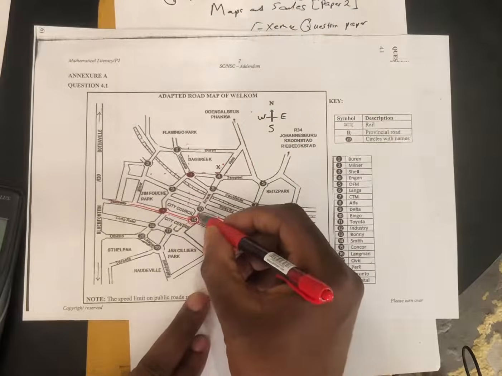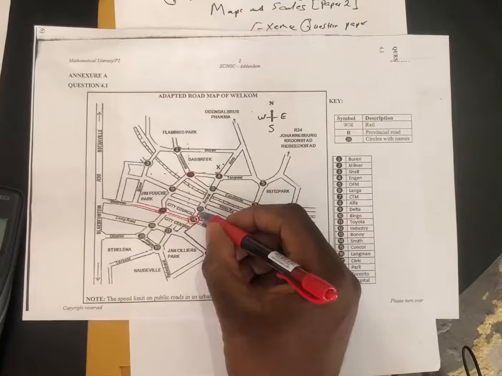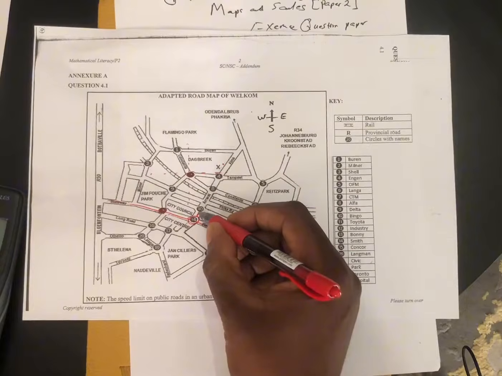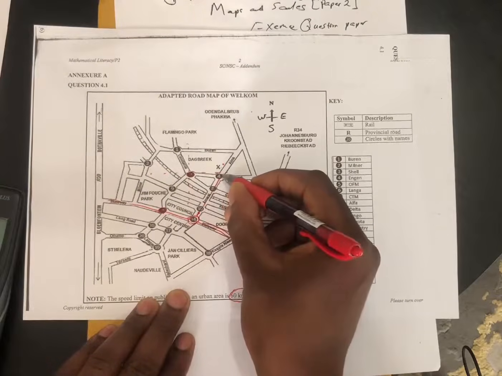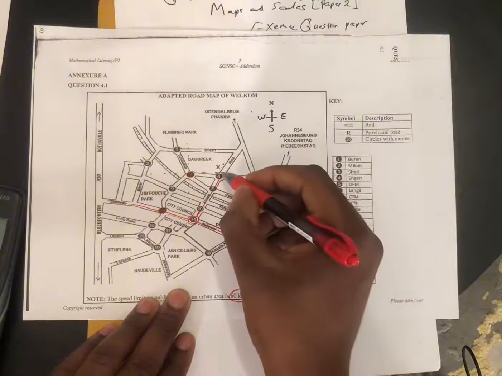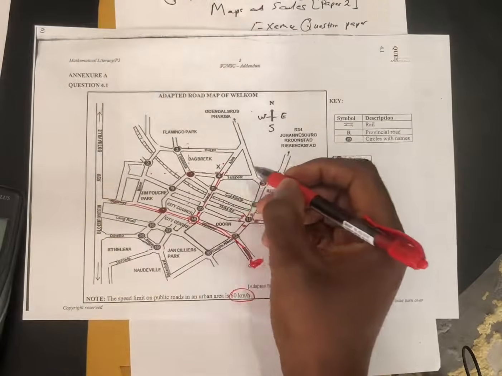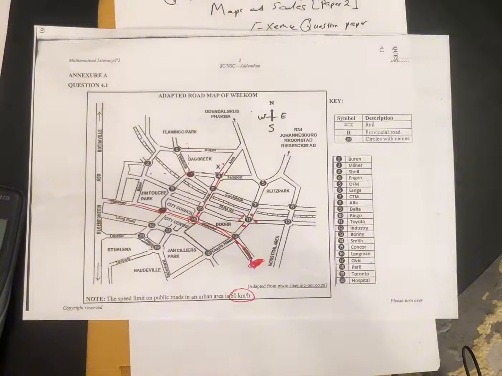Then it will turn right here and proceed straight also. Then at circle 4, at the left hand side, that's where the X is, or the dark brick is. So that's what you should have written.